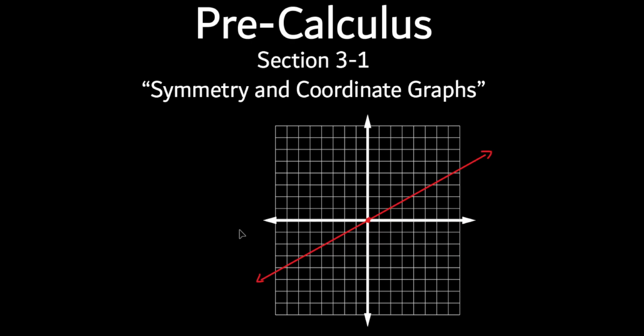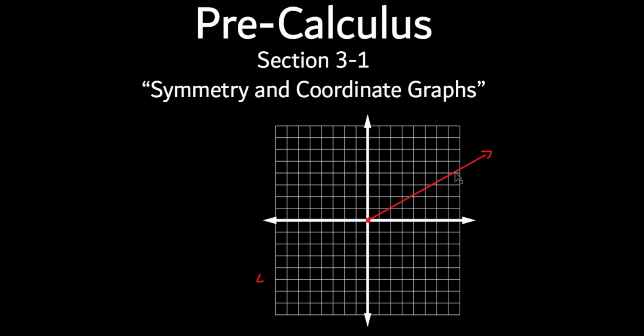Let's just talk about something being symmetric. If I had, let's say, a ray right there, and I said, what is symmetric with this? Basically, if I just took this and flipped it 180 degrees, that would be considered symmetric.